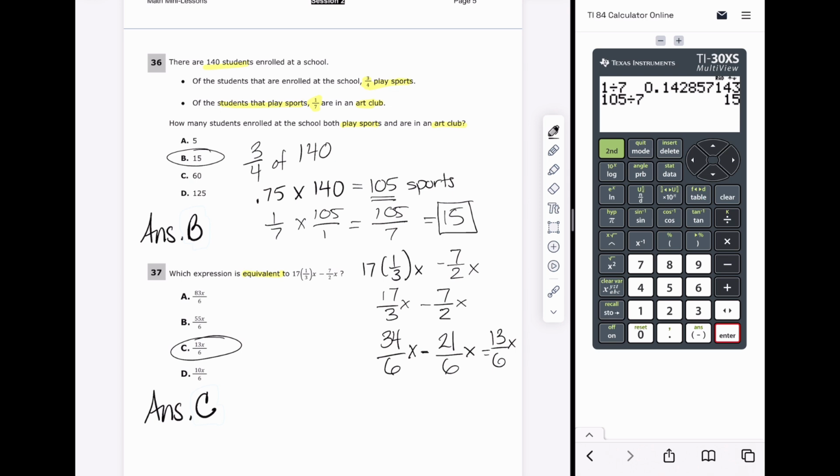And you can see how, I guess what was tricky for most people is they don't know where to put the x. In this case, I put it next to it, but I've seen some people just write it right next to it, like, how do I put this? So if I have 17 over 3 times x, if this was a fraction, I would put the x over 1.